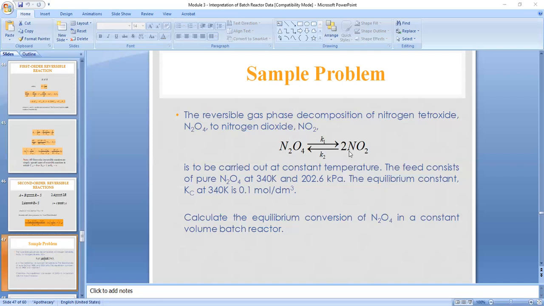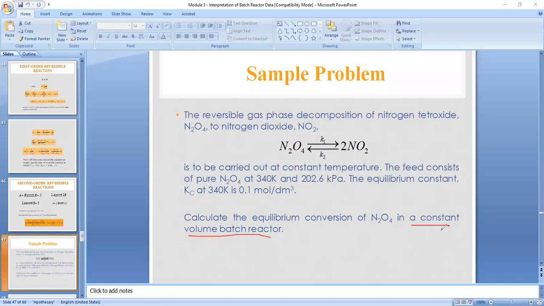In this problem, it was really mentioned that your reaction is carried out in a constant volume batch reactor. There is a necessity for that being mentioned because you are given a gaseous reaction, and a gaseous reaction oftentimes is variable volume in nature. If the problem did not specify this condition of constant volume batch reactor, you are not allowed to use any of the formulas that we have discussed so far concerning constant volume batch reactor interpretation of data.